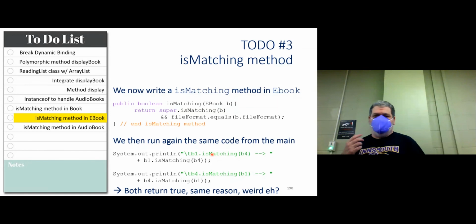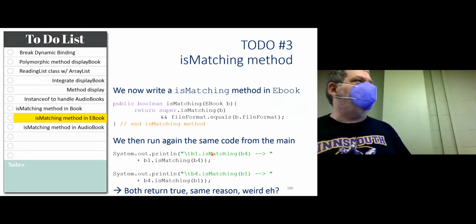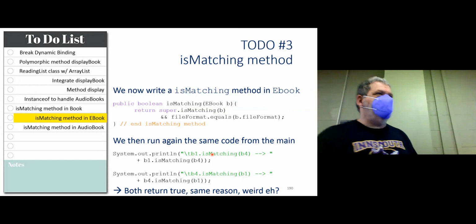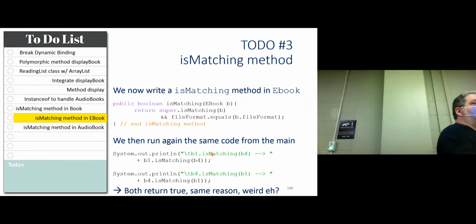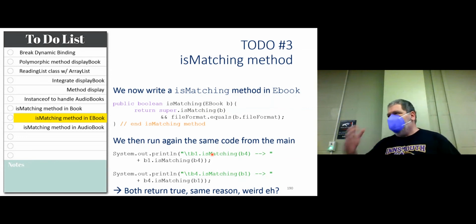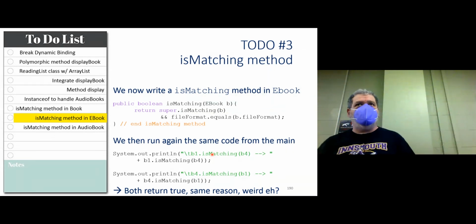Dynamic binding is going to tell us b1 is referring to an object of class Book. So remember, dynamic binding always looks at the data type of the object itself. So dynamic binding is going to look at what b1 refers to and is going to find out an object of class Book. So I'm going to start looking up any method you are trying to call in the class Book itself. You are trying to call isMatching(b4).